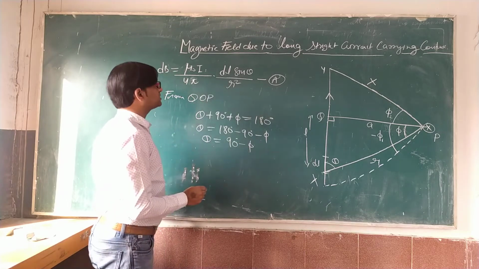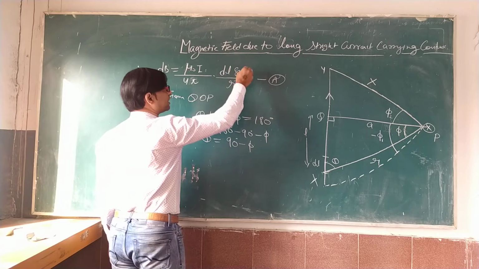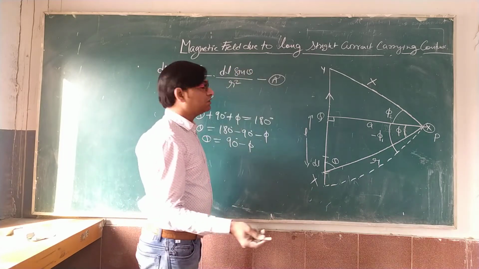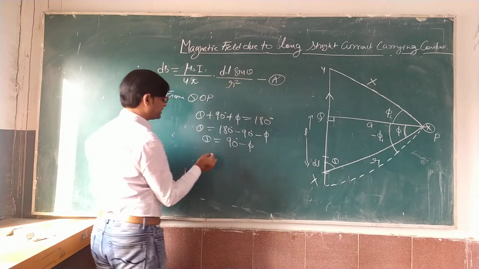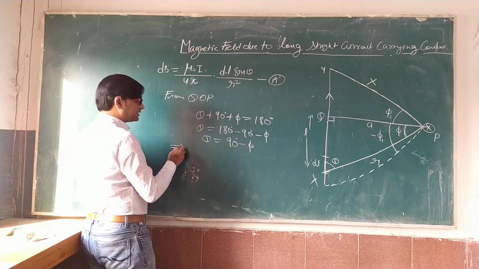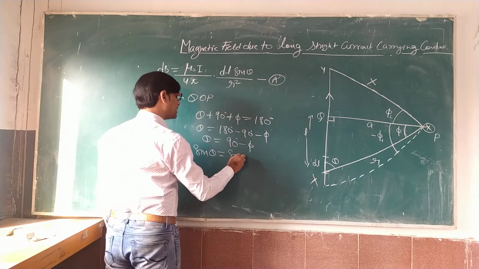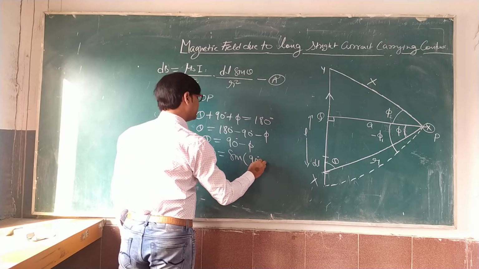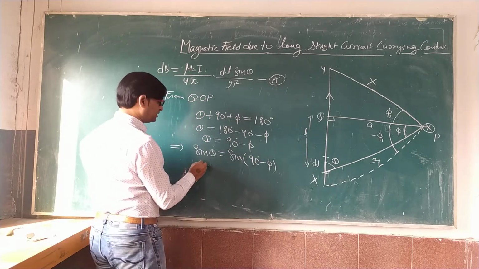So students, now consider sine theta. We do not know the value of theta, so we will calculate the value of this sine theta by applying sine here. So sine theta is equal to sine of 90 minus phi. Sine of 90 minus phi is cos phi.